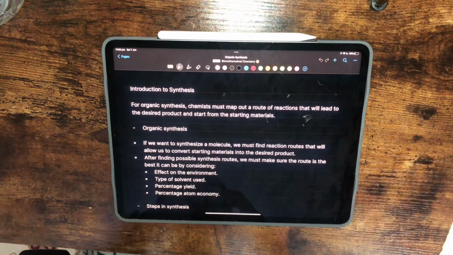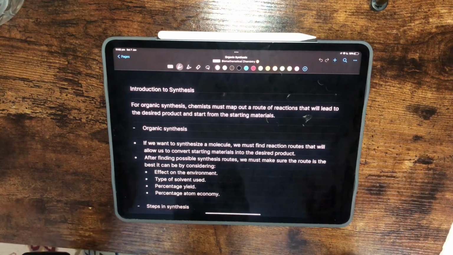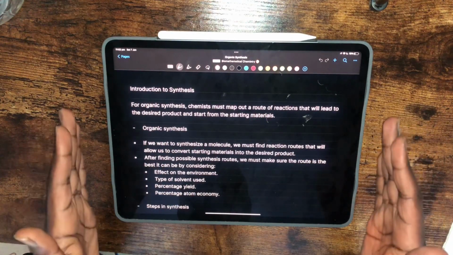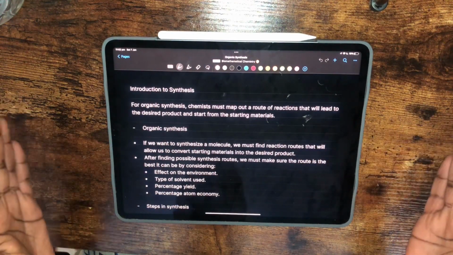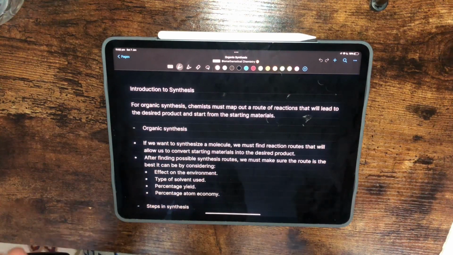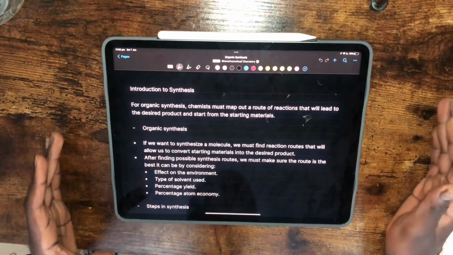Things that you think about before you actually do your reaction. Every scientist does this before they do a reaction. You do it as well if you've ever done a practical. You've planned out how you want to do it, and what steps you want to do, so that you can minimize waste products and also maintain safety.